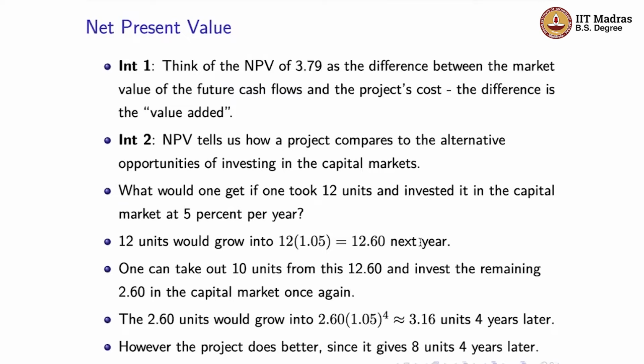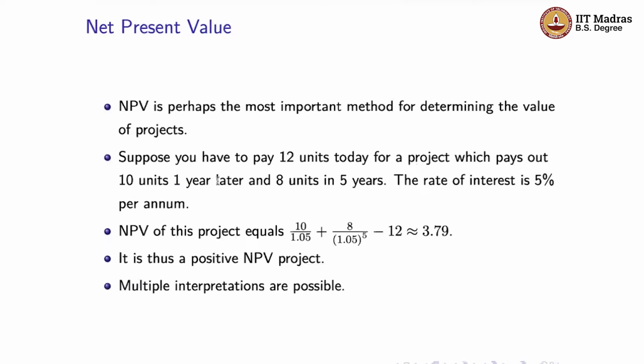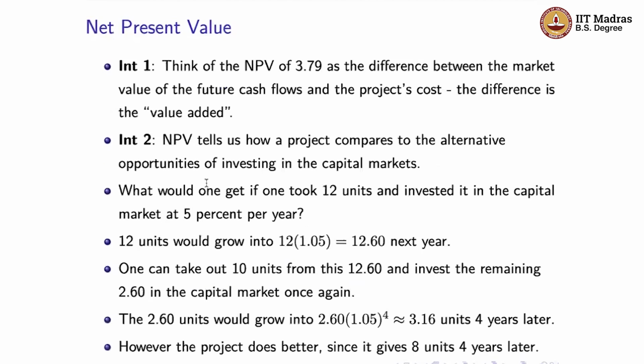Now, I want to compare how it does compared to this project, right? So suppose I wanted to take out 10 units 1 year later. Out of this 12.60 units, can I take out 10 units? Yes, because I have more money than that. So then I can take that out. And this 2.60 units that I have left over, I should just invest again in the capital market at a rate of 5%, right?